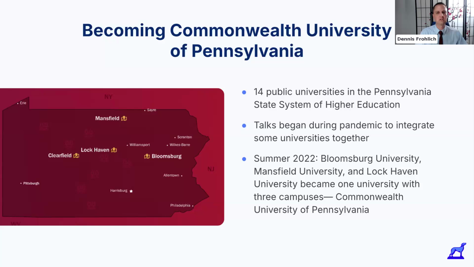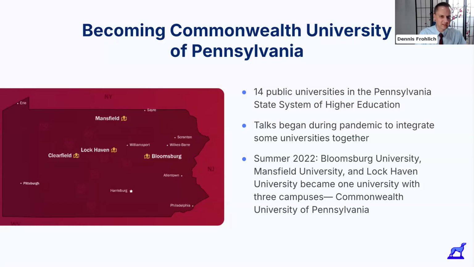So this conversation to integrate these universities really started in that context. Our state system decided to take 3 universities on the central northern side of the state, Bloomsburg University, Lock Haven University, and Mansfield University, and merge them all together into one super university called Commonwealth University, which has 3 different campuses.